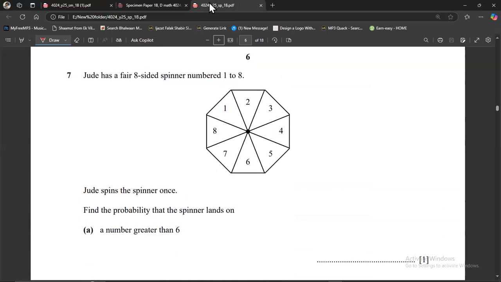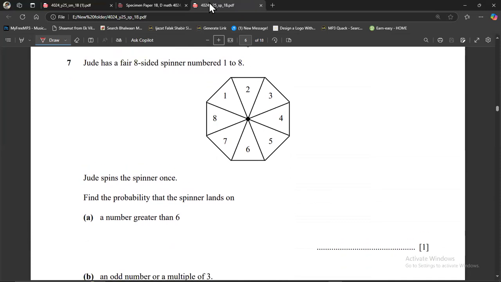He says, Jude has a fair eight-sided spinner numbered 1 to 8. So it has 8 numbers written there: 1, 2, 3, 4, 5, 6, 7, and 8. Jude spins the spinner once. Find the probability that the spinner lands on a number greater than 6. So the numbers which are greater than 6, there are only two numbers, 7 and 8.